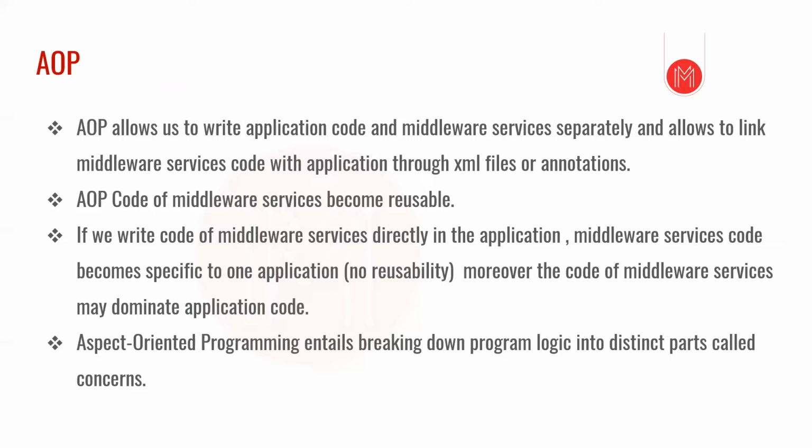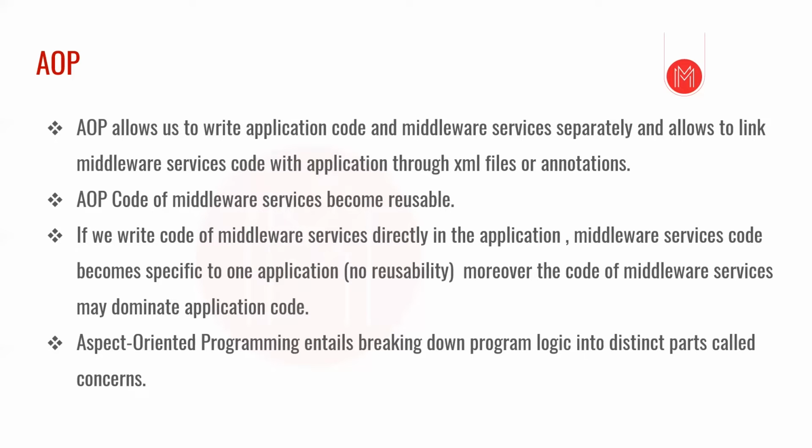I mean to say the main agenda of AOP is, whatever things are required to make your application more perfect, we are not going to apply them in every layer. We are separating those things and we are going to link them up with our application code, our application business logic.